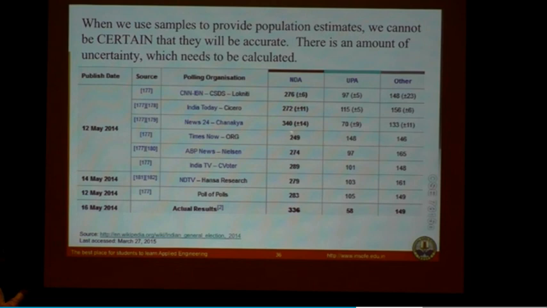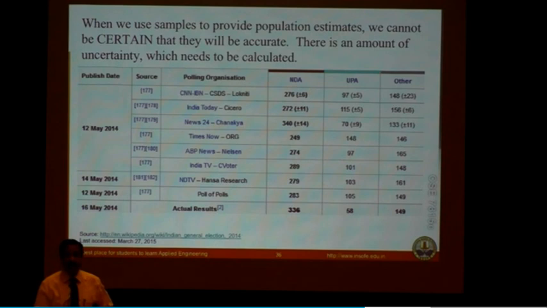What does this convey to you? As non-statisticians, when I read this, I say, okay, News 24 Chanakya is saying 340 plus minus 14, so BJP combined will win anything between 326 to 354, and yeah, they were 336. But that's not entirely correct. That's not the way we should be reading that.